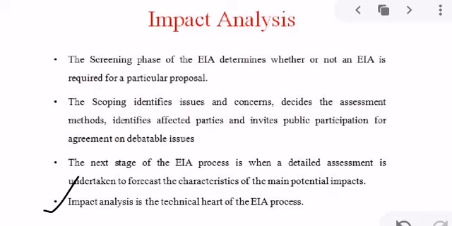These are some typical parameters to be taken into account while impact prediction and decision making.